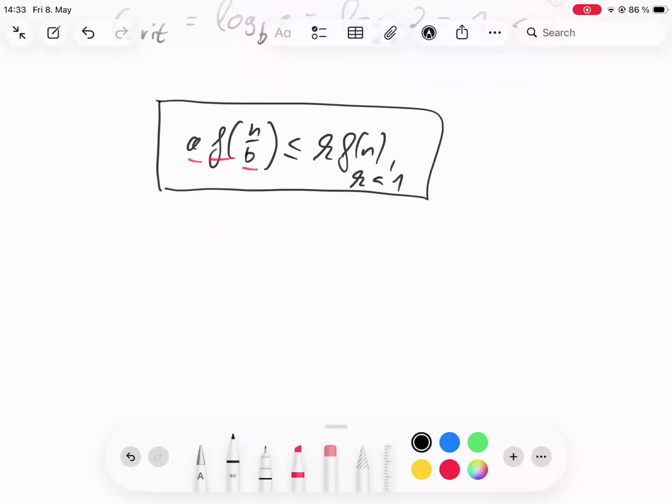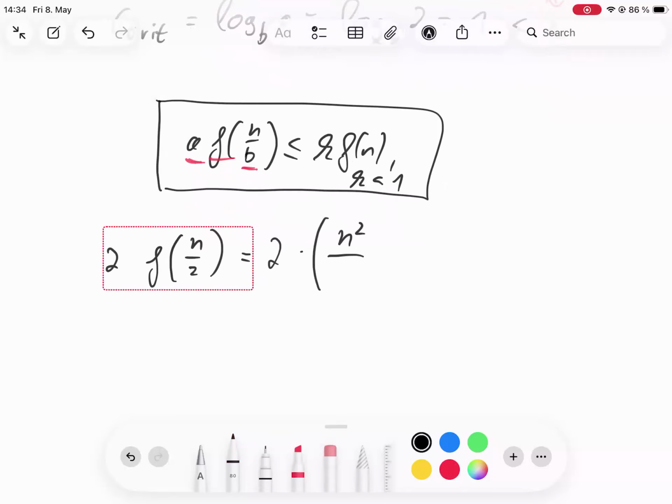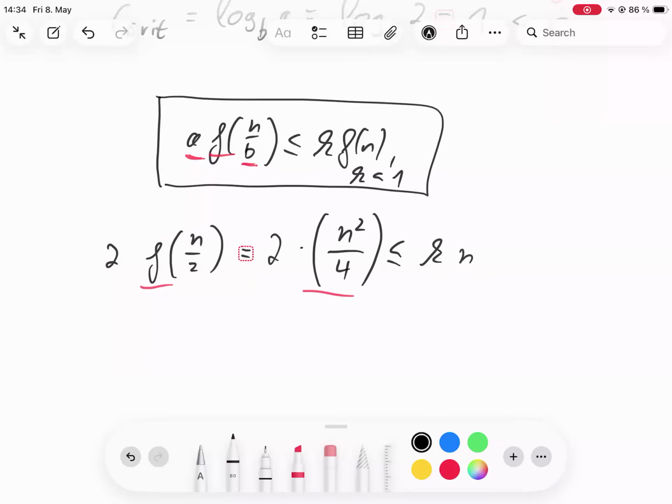So we can see that 2 times f of n/2 is 2 times n squared divided by 4. And the question is, is this less than or equal to k times f of n, so k times n squared?